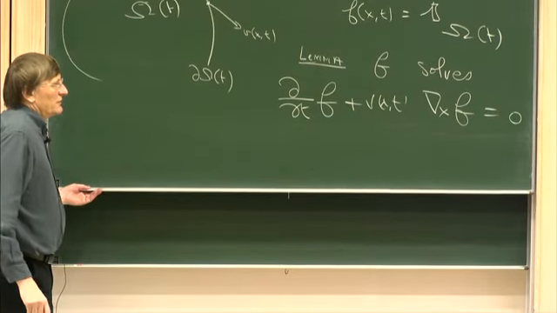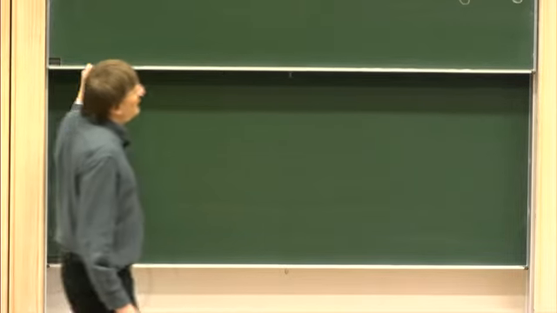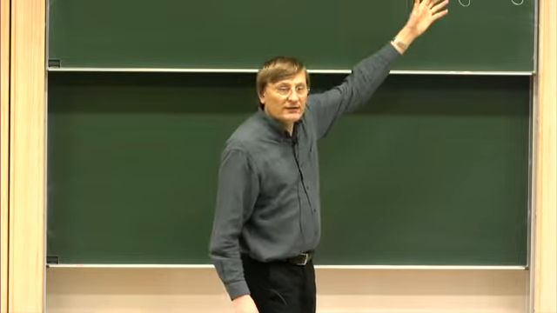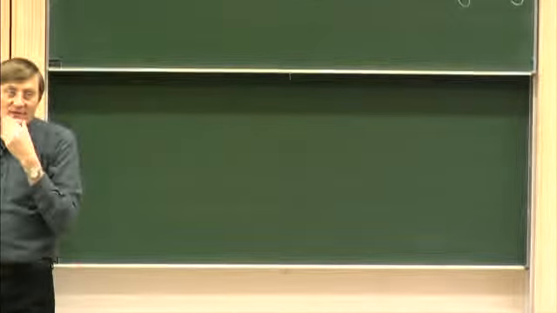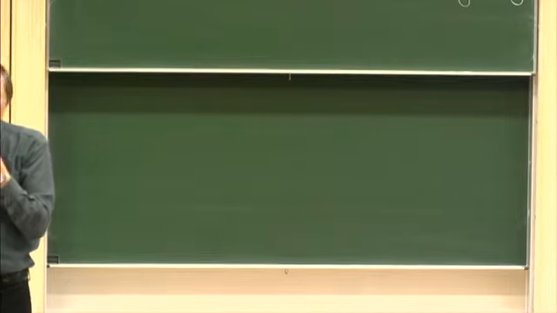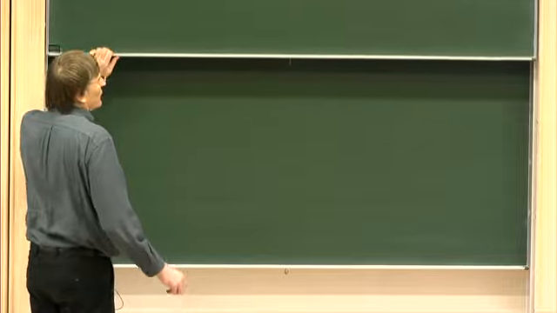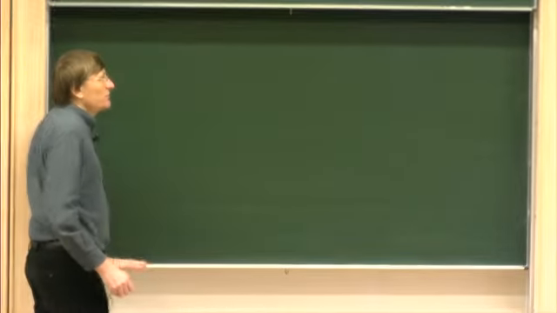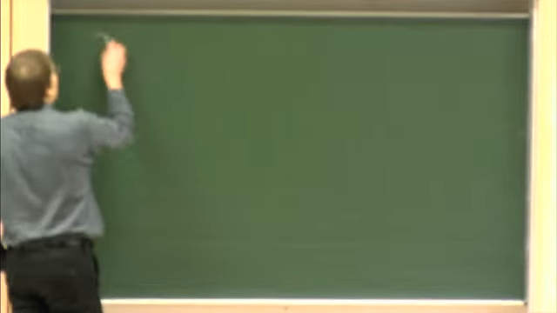Of course, f now being a discontinuous object, you need to know what it means that f solves this equation. And an option for that is to give a definition in the weak sense, in the usual distribution sense.